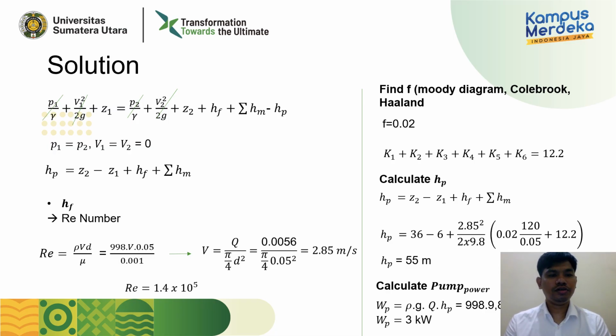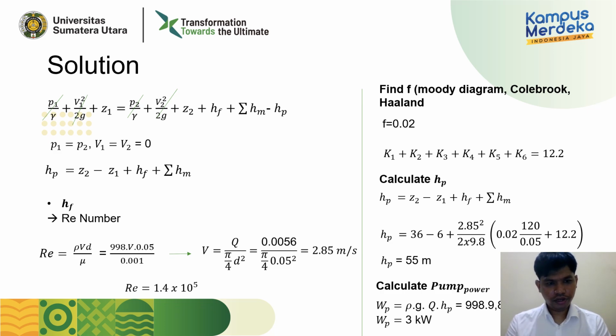So we cross out everything related to these, and we will have the equation with Z1, Z2, HF, HM, and HP. If we calculate HP, the pump head, we will have these equations.